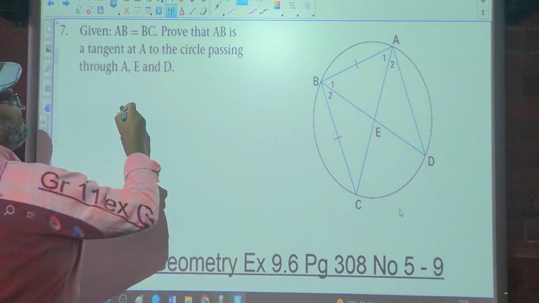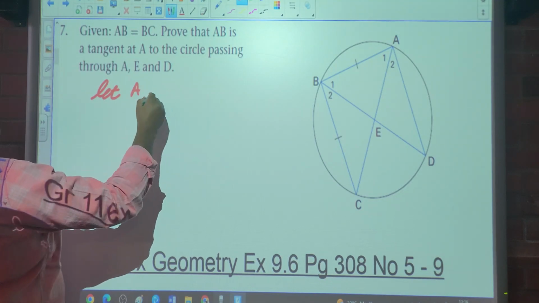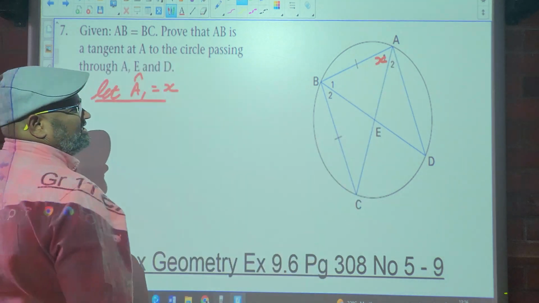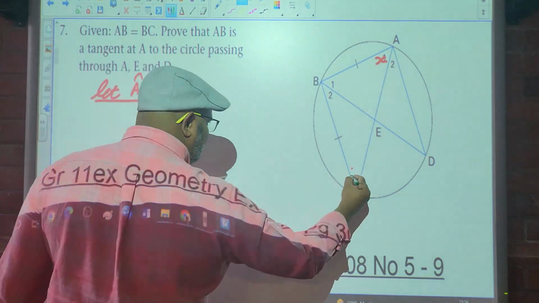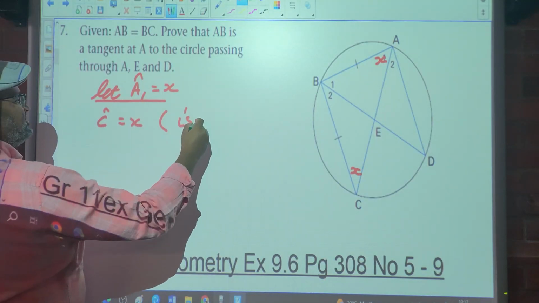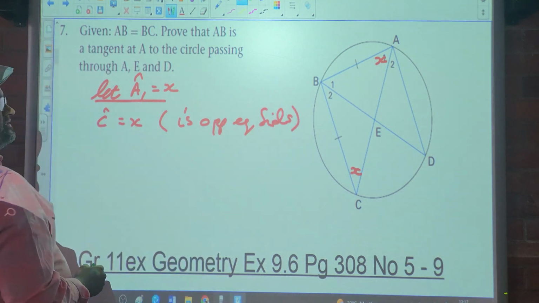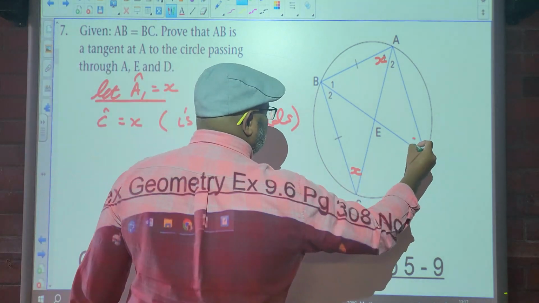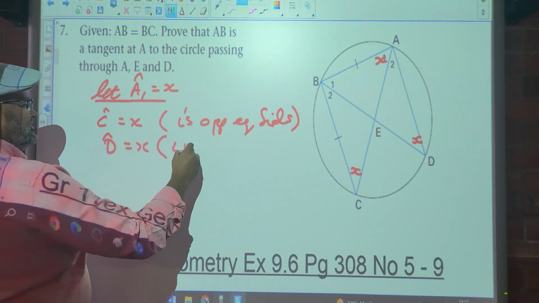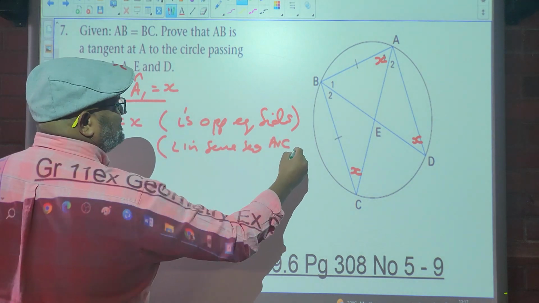Alright, so where do we start? We say let angle A1 equal X. So which other angle is equal to X? Angle C. So angle C is equal to X, angles opposite equal sides. And then angle D is equal to X, angles in the same segment, coming from arc AB.